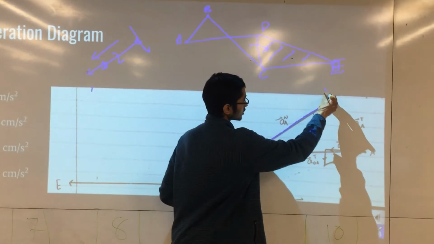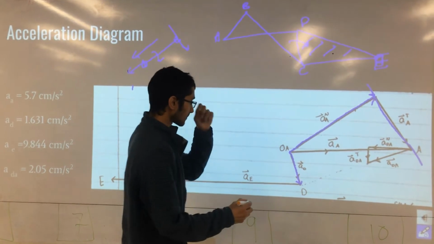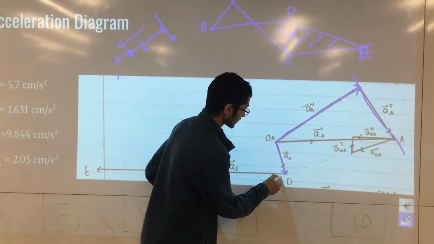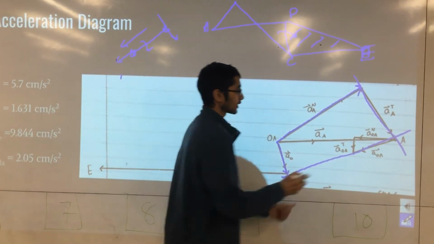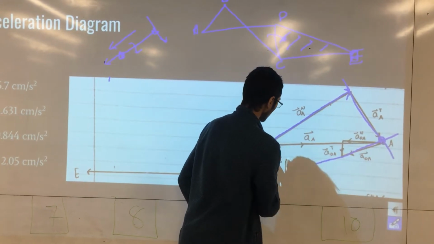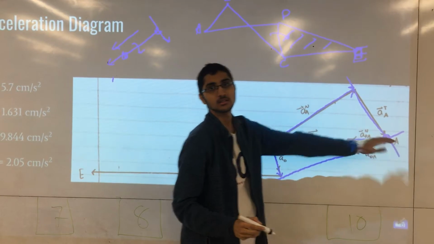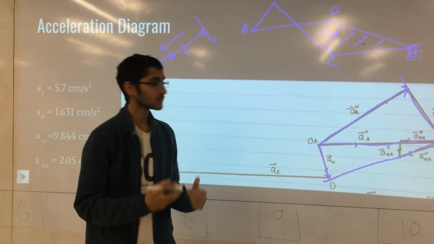Then we can draw a tangential acceleration component. Once we draw a tangential acceleration component from point D, we know that we have an intersection here, which means that this acceleration is indeed of point A, and we can label it as AA absolute.